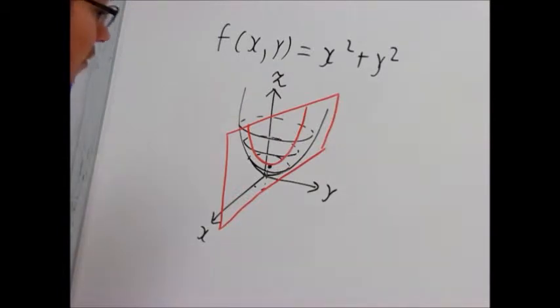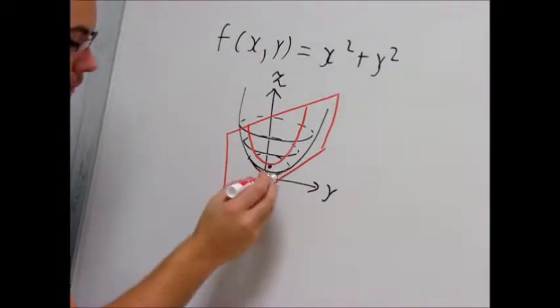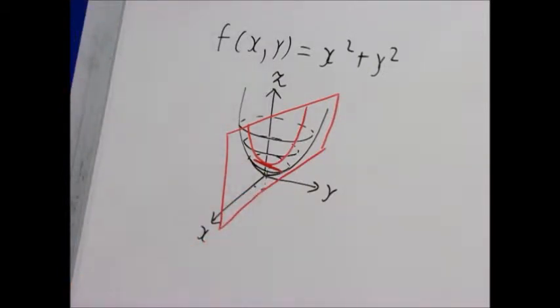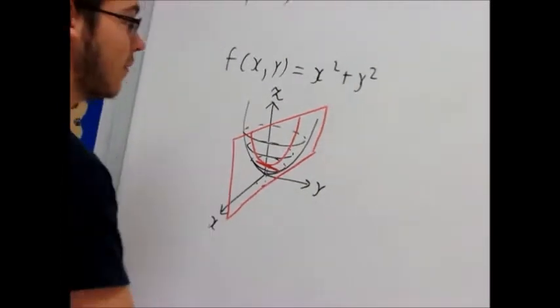And so the tangent line that we're finding is the derivative of that slice at that point. There is a tangent line there. And that's how you do it. Similarly, you can do that in the y direction. That's called a partial derivative.